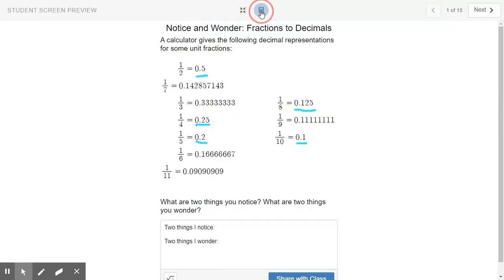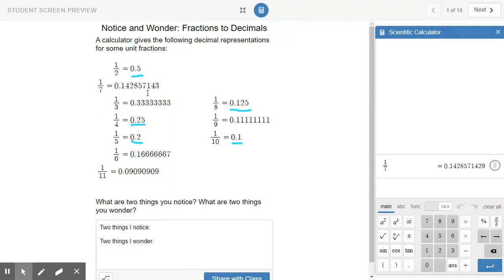Again, in the calculator, if I wanted to change 1/2, well, here's 1/7 actually. So if I wanted to, let's go ahead and do 1/2. I would do 1 divided by 2. And you'll actually notice that the Desmos calculator, or a scientific calculator, will write that as a fraction.